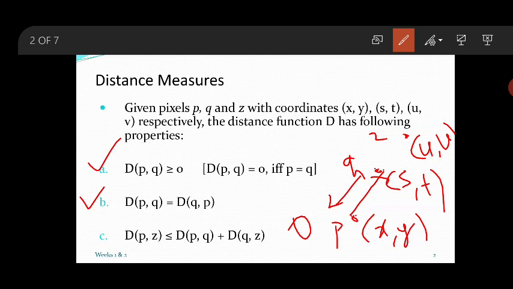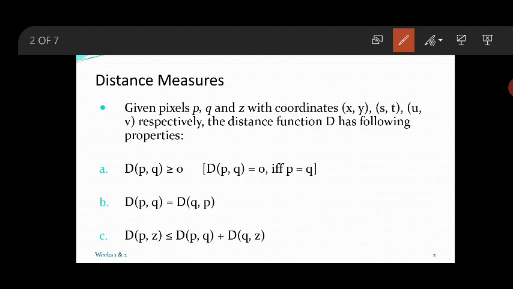Now, that is P, Q and Z. If I want to reach from P to Z, how can you traverse?